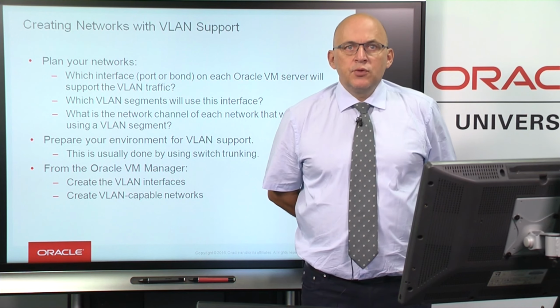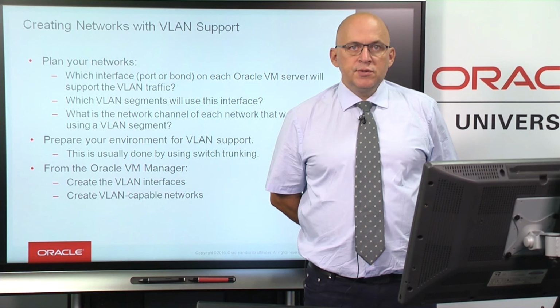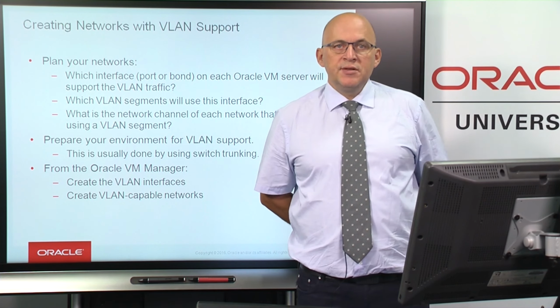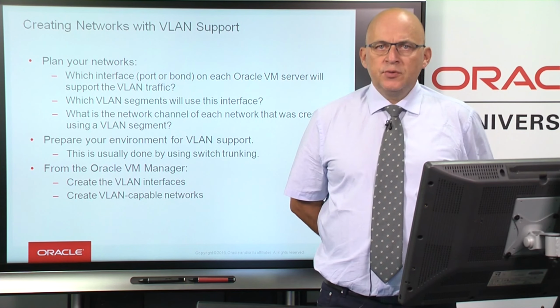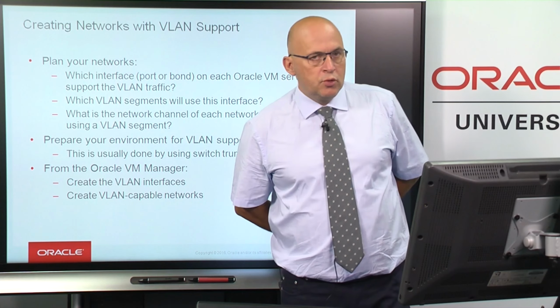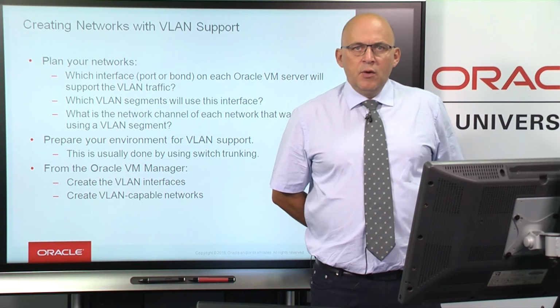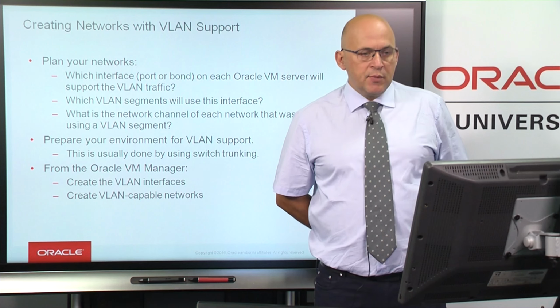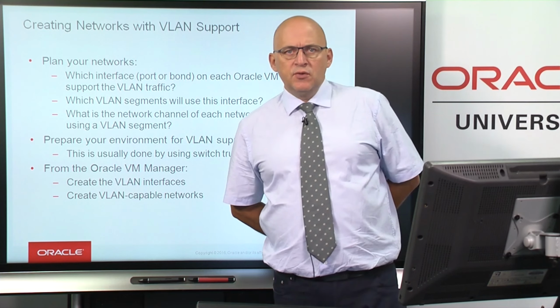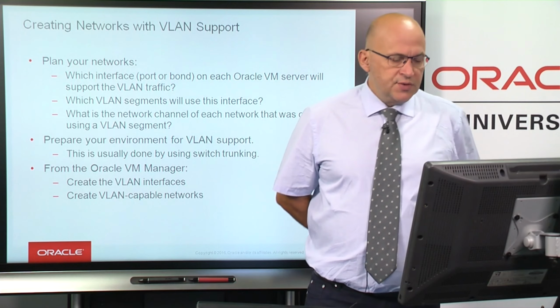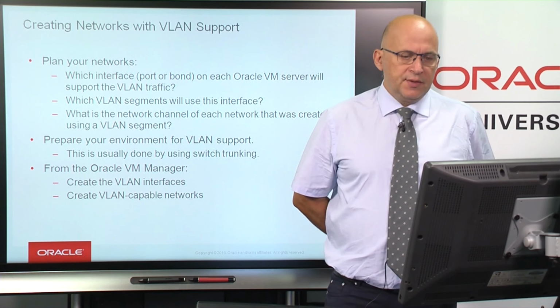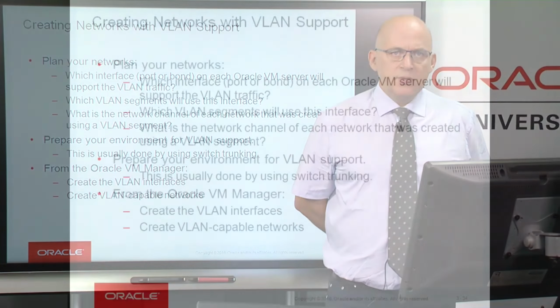So whenever you have to use networks with VLAN support, you have to know exactly which interface, port or bond on each VM server will be used for the VLAN traffic, which VLAN segment you will use with these interfaces, and what is the network channel that is created by using these VLAN segments.